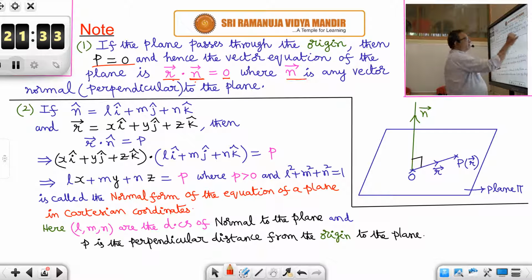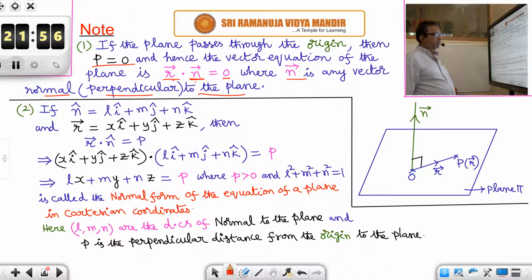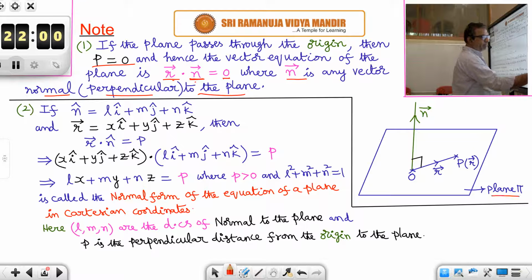where n bar is any vector normal, that is perpendicular to the plane. See, n bar is any vector perpendicular to the plane. It need not be a unit vector. Its magnitude need not be 1 unit. N bar is any vector perpendicular to the plane, whatever may be the magnitude. See the diagram here. This is plane pi, is it not?